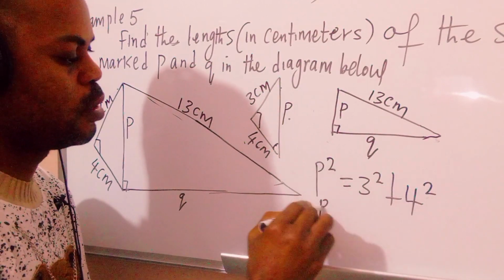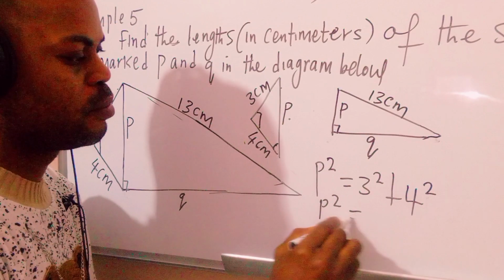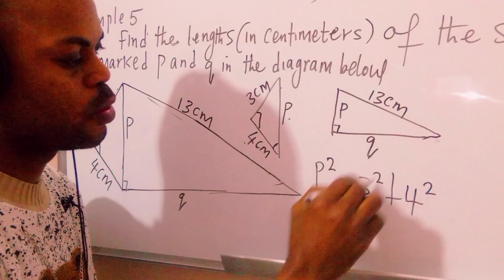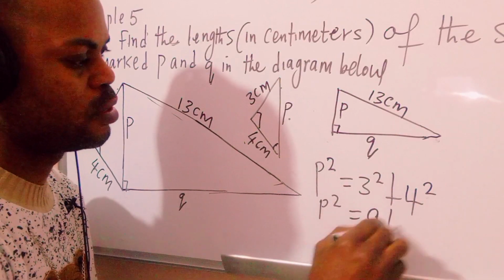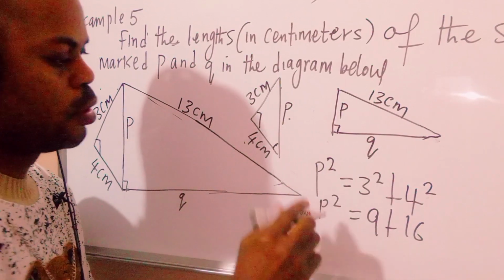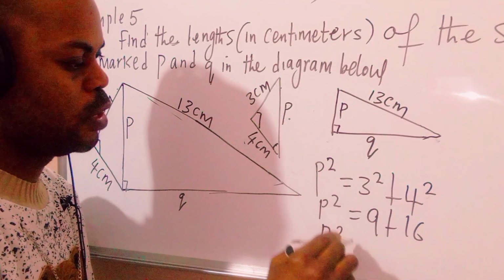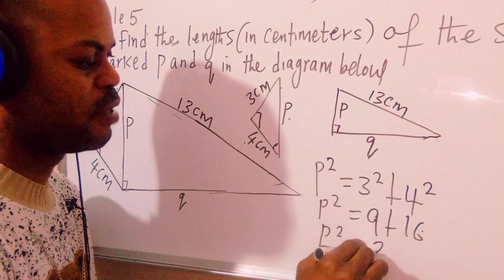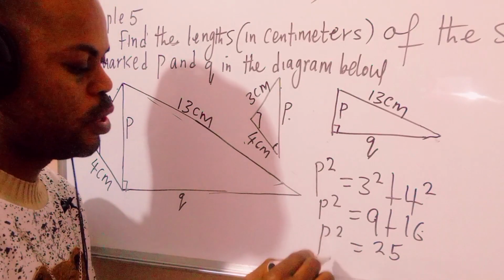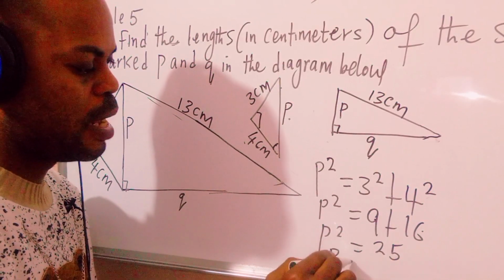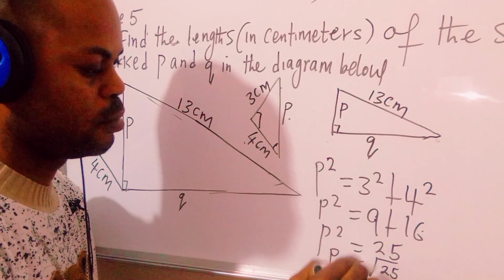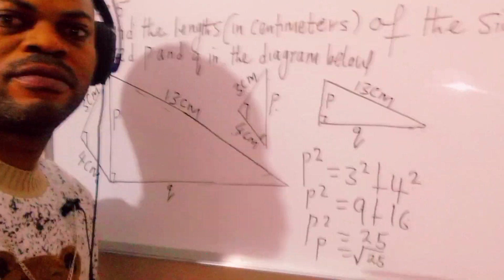So P squared: 3 squared is the same as 3 times 3, so 3 squared gives you 9, plus 4 squared gives you 16. So P squared is equal to 9 plus 16, which gives you 25. So P implies the square root of 25.